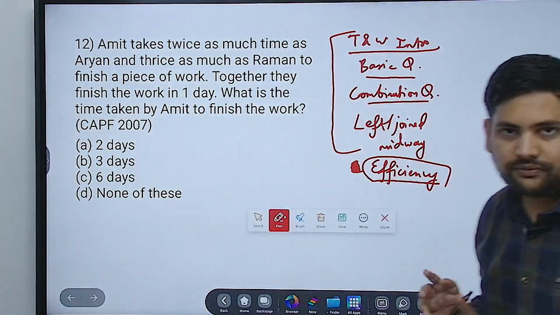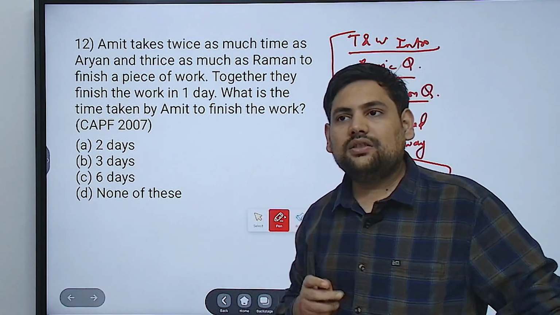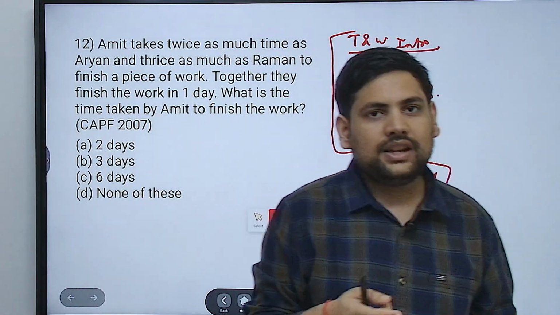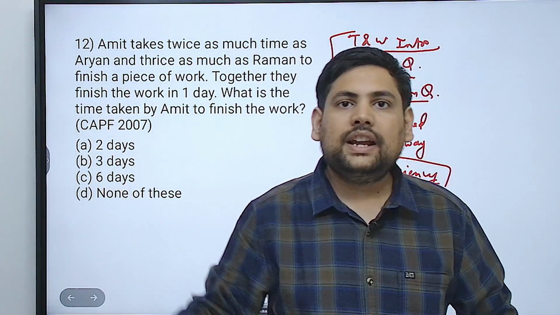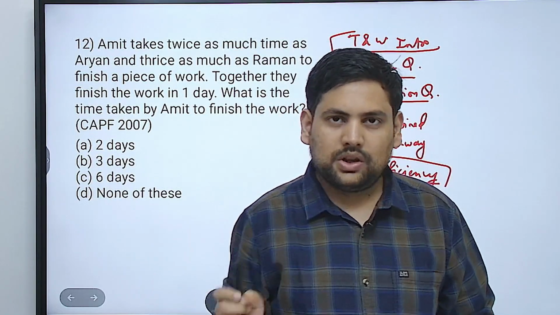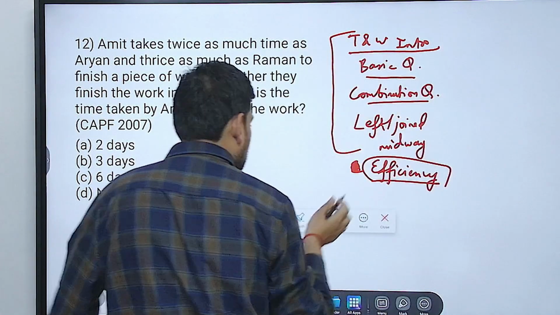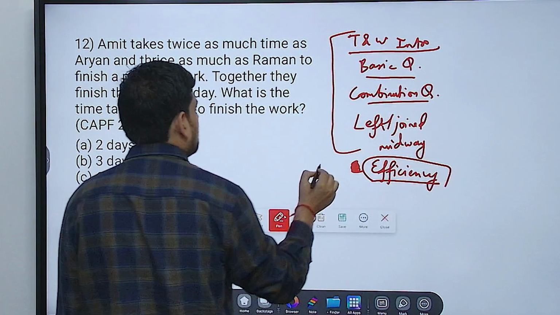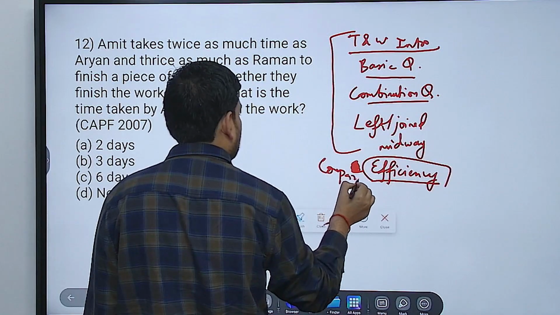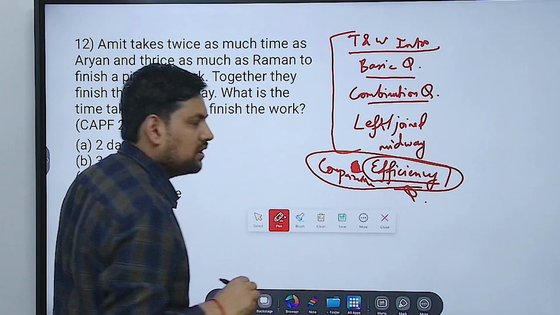In this, the efficiency of one person will be given in terms of the other. It will be given that A is twice as fast as B, or A takes 3 times more time than B to complete the same job. So basically, comparison of efficiency is there. So these are efficiency based questions or comparative efficiency questions. This we'll be dealing with today.